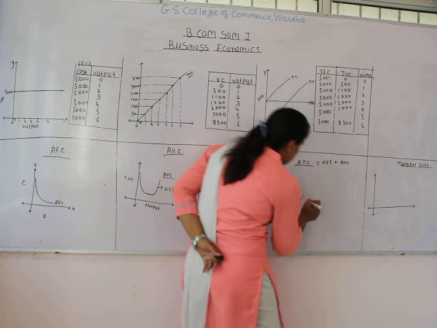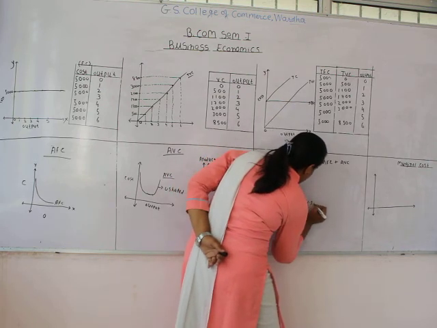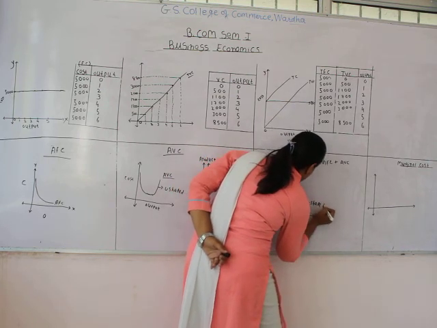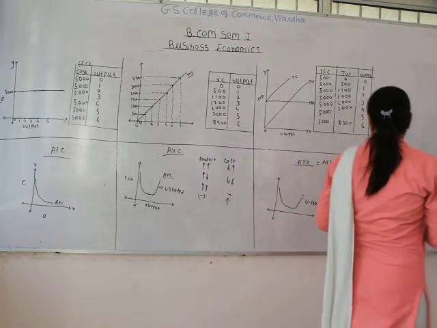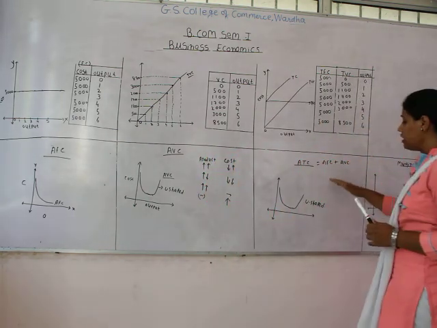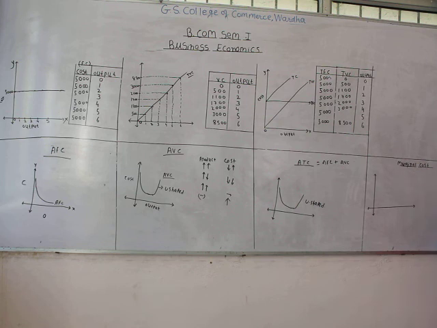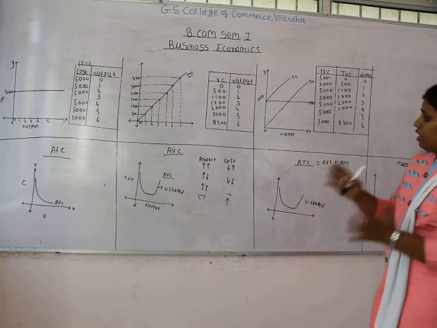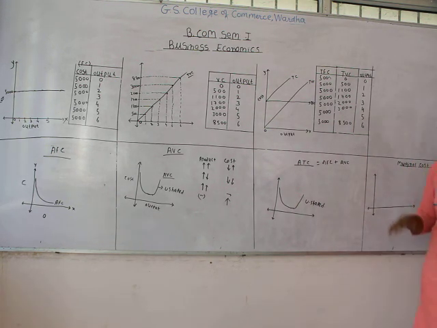The average total cost curve is also a U-shaped curve because it consists of some portion of average fixed cost and some portion of average variable cost. So this way we have seen the average fixed cost curve, average variable cost curve and average total cost curve.